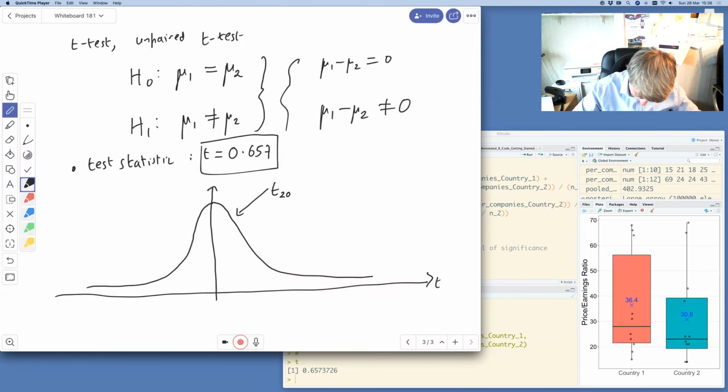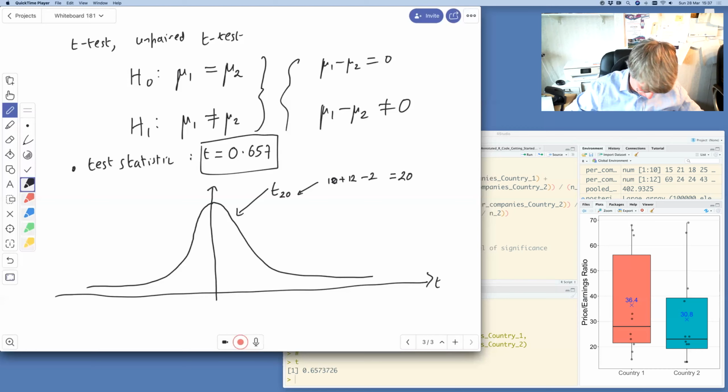This 20 comes from the fact that we have 10 observations in the first country plus 12 in the second country minus 2, which is 20. So we end up with 20 degrees of freedom.